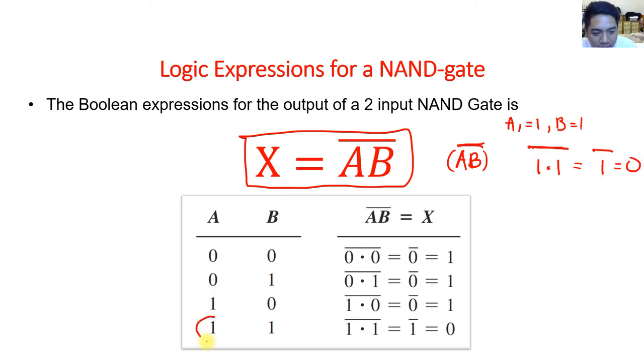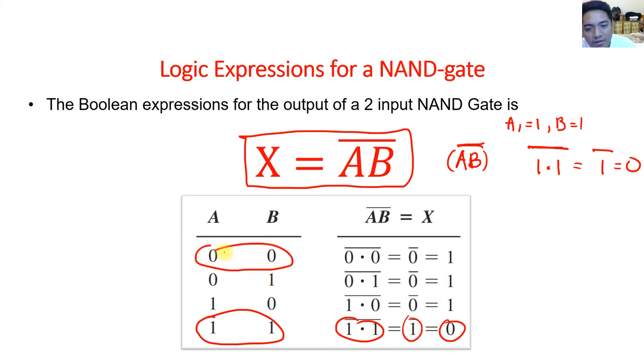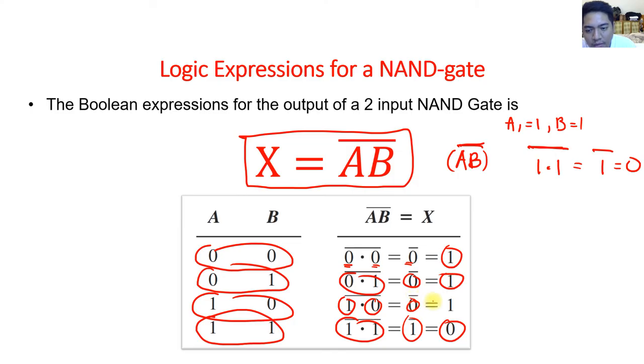If you have 0 times 0, that would be 0, and the complement of 0 would be 1. 0 times 1 is 0, the complement of 0 would be 1. And 1 times 0 is 0, the complement will be 1. That is the logic expression for the NAND gate or negative OR equivalent.